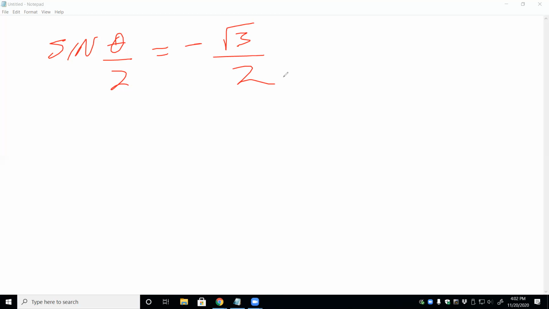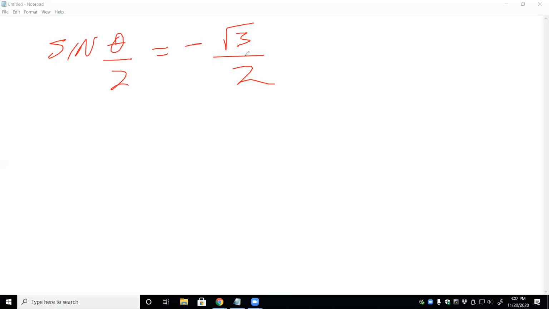So if I'm not mistaken, and this is what I was going to explain when I was beginning this, since we have sine and it's negative, we're in the fourth quadrant here, correct? Well, we can be in fourth or third, actually. Fourth or third. Okay. Right.